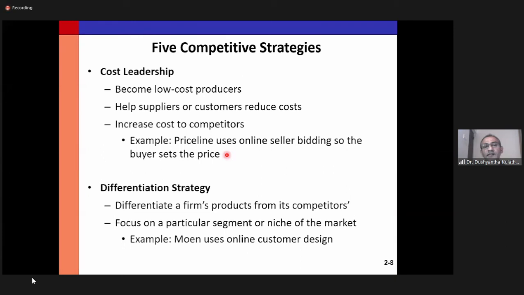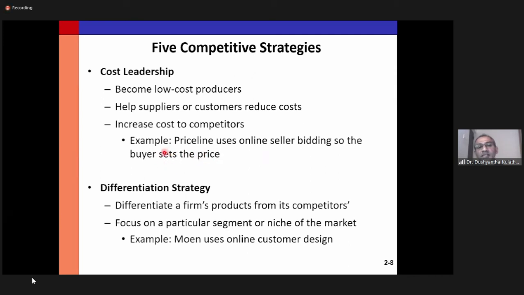So then Priceline thought of a different model, and Priceline utilizes the same model where they offer certain products and services at a fixed price, but they offer another option to the customers. So that is the bidding option, the seller bidding. So the buyer sets the price.